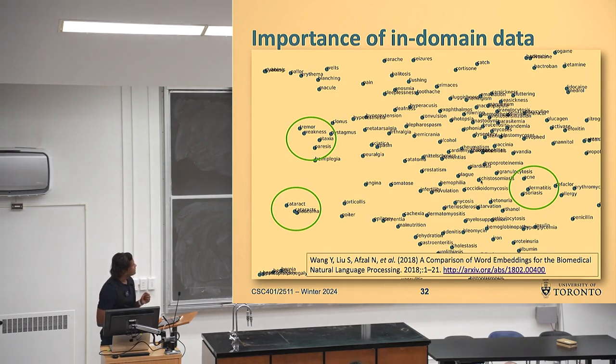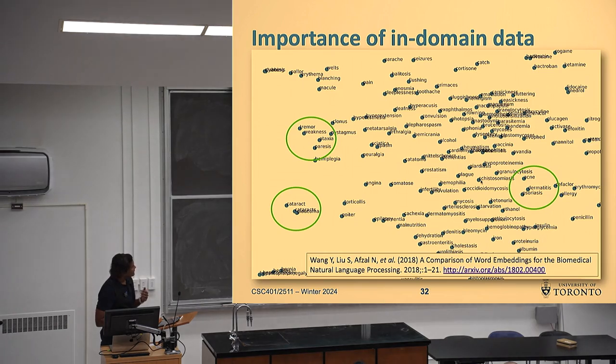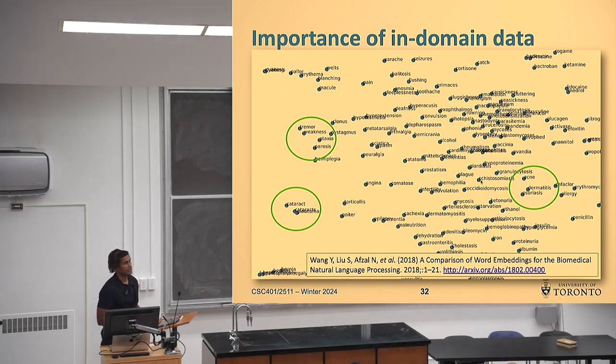So this paper shows the importance of in-domain data, and as you can see, it captures medically relevant word embeddings better than other embeddings trained using generic data like the Google News corpus.